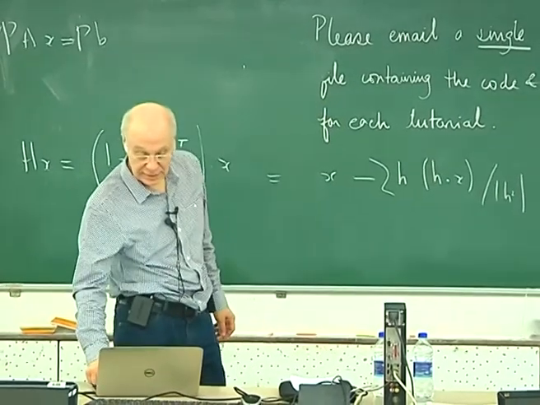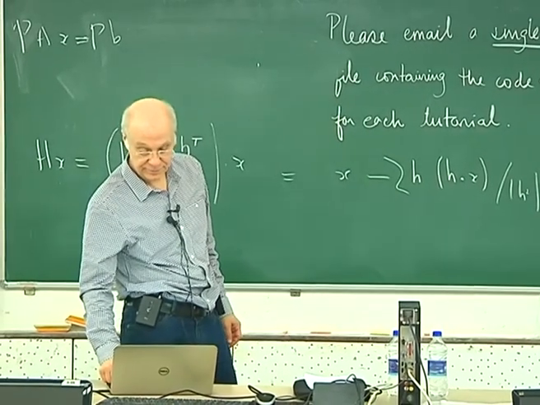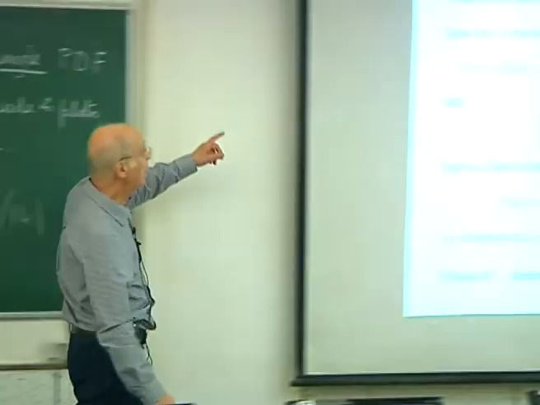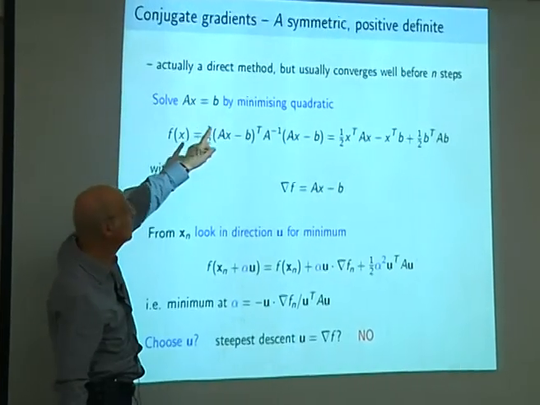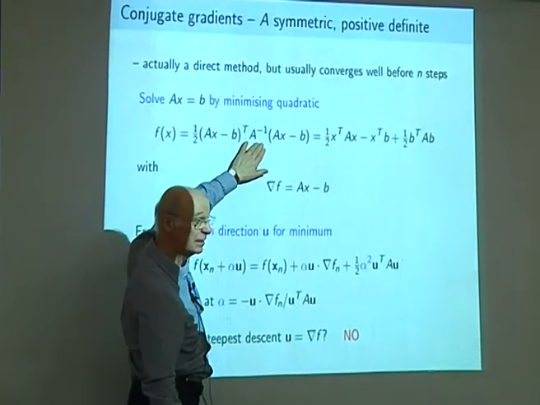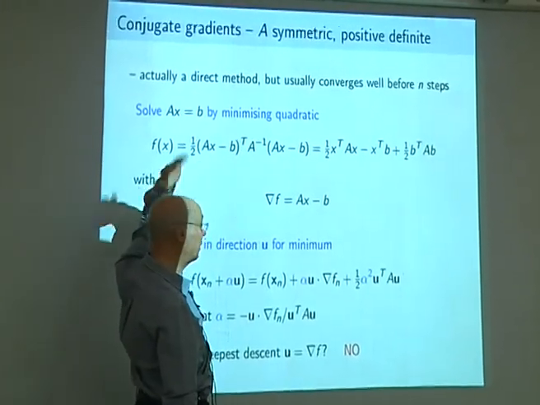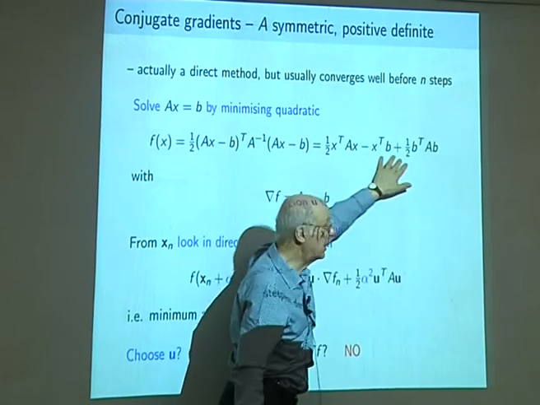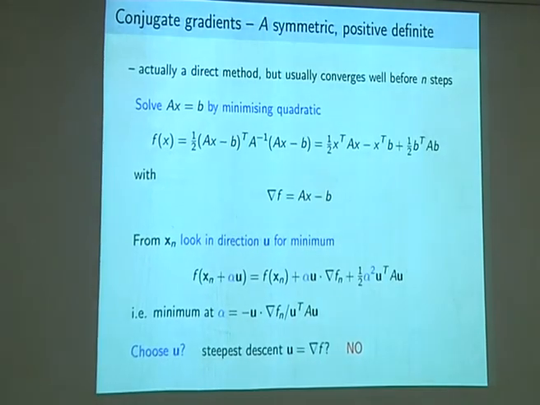The conjugate gradients really required it to be a symmetric positive definite matrix, and I needed its inverse. Well, in my mind I needed its inverse. I didn't actually ever need its inverse.